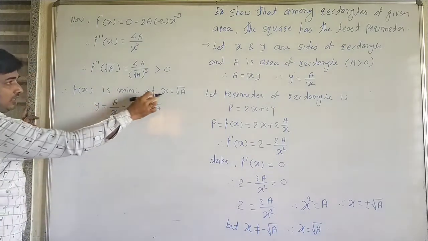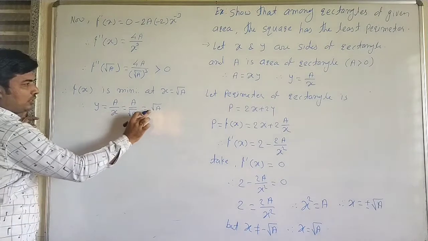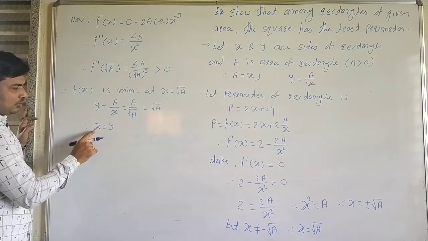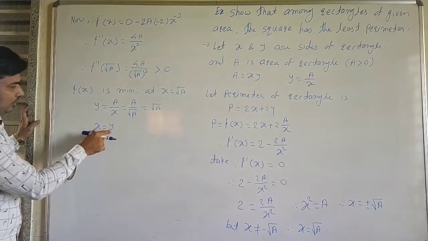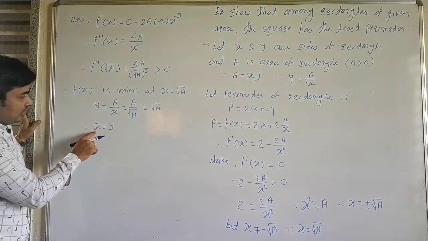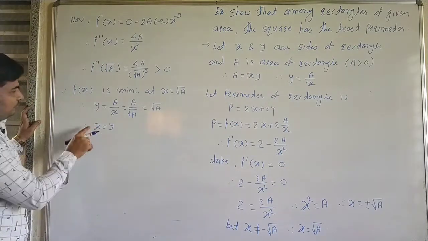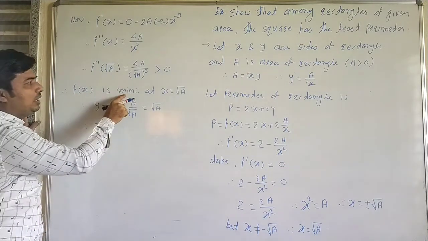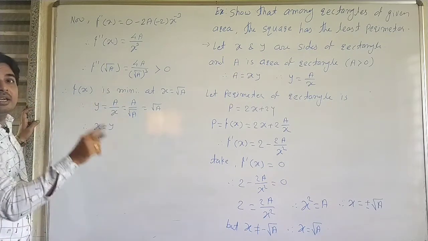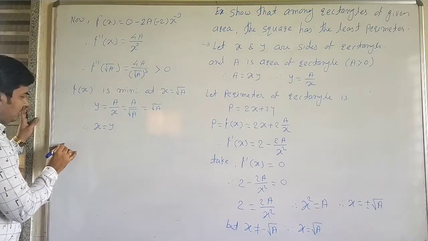Therefore we can write x is equal to y, two sides are equal in a rectangle, therefore the rectangle is a square. When the perimeter is minimum, then the rectangle becomes a square.